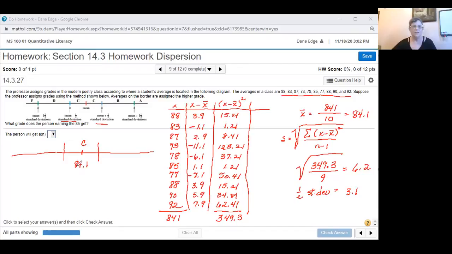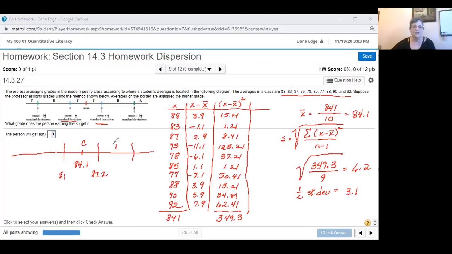So 84.1 plus 3.1 is going to be 87.2. 84.1 minus 3.1, minus a half of a standard deviation, is going to be 81. So anyone who makes between an 81 and an 87.2 is going to get a C.